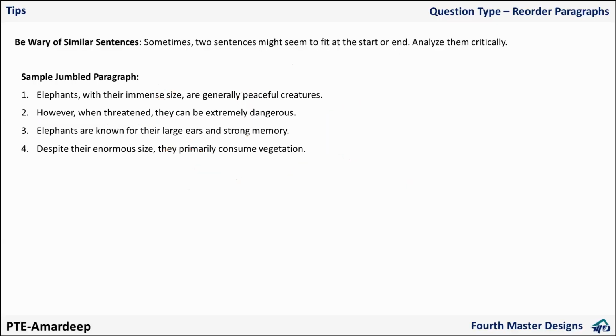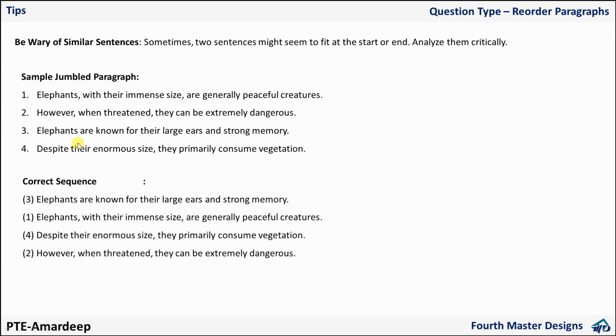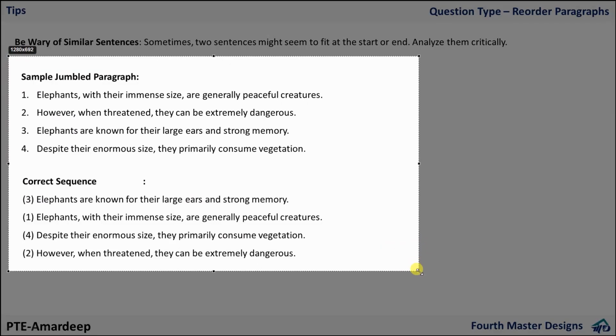Now, when I'm sure about 1, 4 and 2, the only one remaining is your third one. Third one is going to be my start, and that is the correct sequence: 3, 1, 4 and 2. So sometimes you have to keep similar sentences in mind. Here, number second and number fourth both can come after 1. But if you keep 2 after 1, then fourth won't be logical after your second.